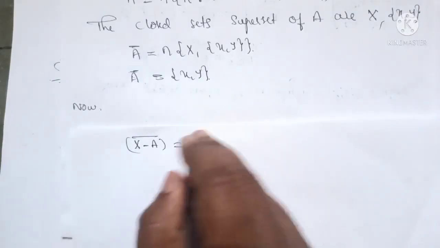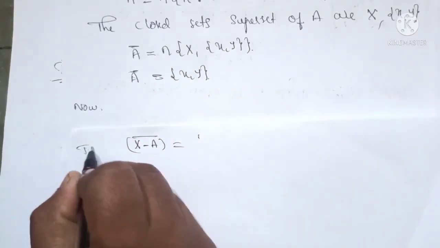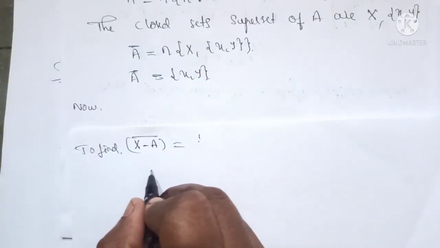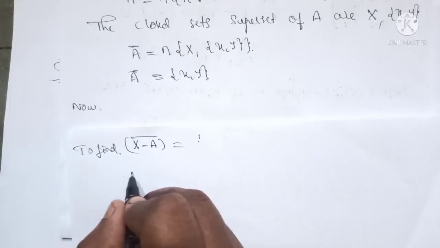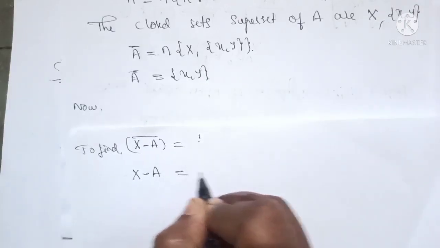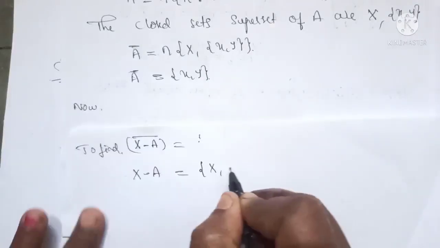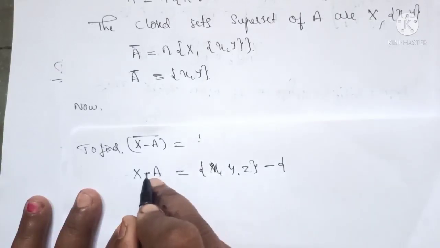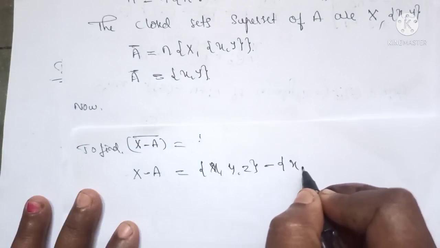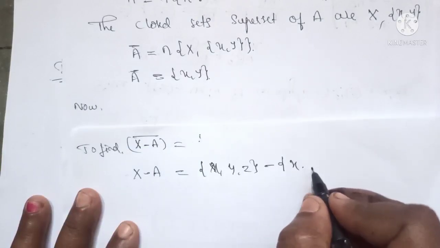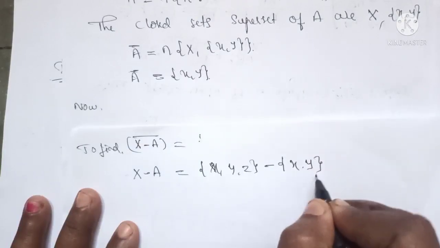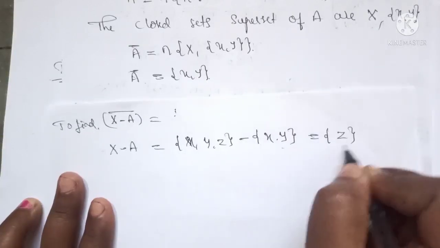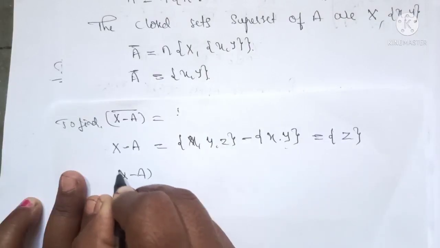So X minus A is X, that is {x, y, z}, minus A. A is given by {x, y}, so if you take its complement, you will get {z}. So we have X minus A is equal to {z}.